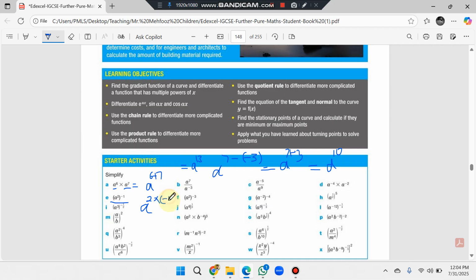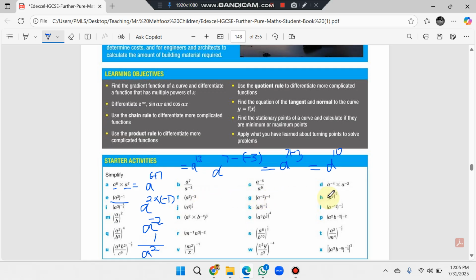It means that the powers are multiplied to each other, so it will become a raised to the power minus 2. This is the negative power. When we convert it into positive power, we take the reciprocal of this number, so it will become 1 over a raised to the power 2. Understand? This is your part E. Part F is the same.